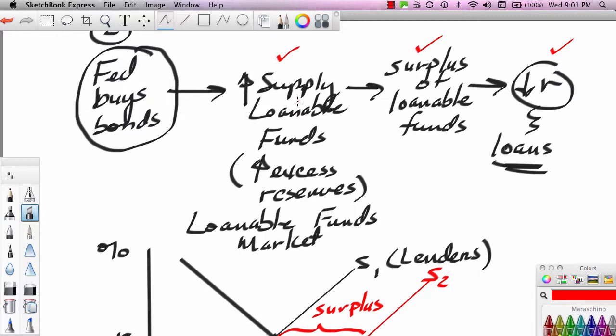So one of the key reasons why the Fed engages in open market operations and tries to put a lot of liquidity into the banking system is to keep interest rates relatively low, to make it cheaper for people to borrow.